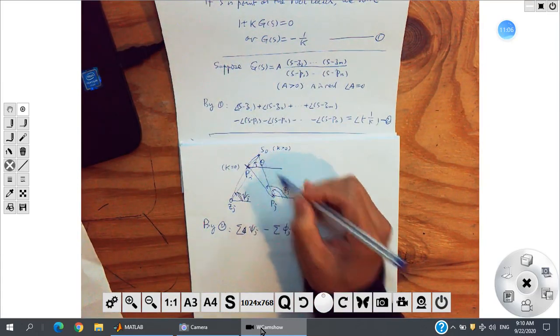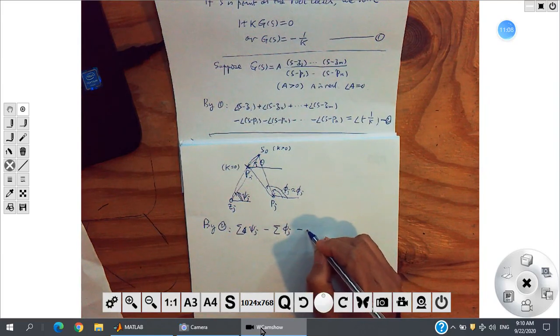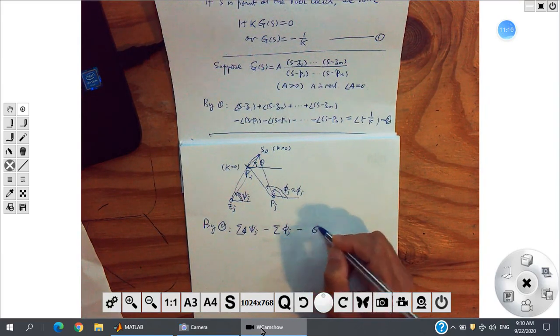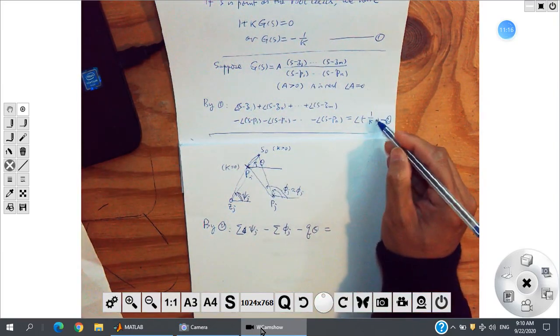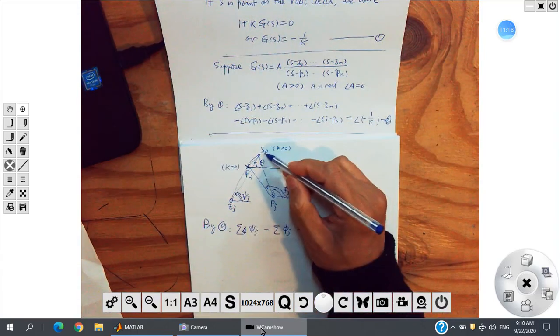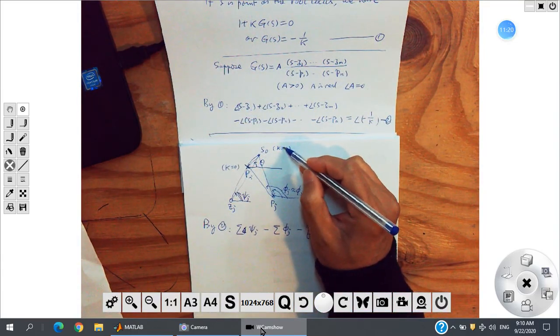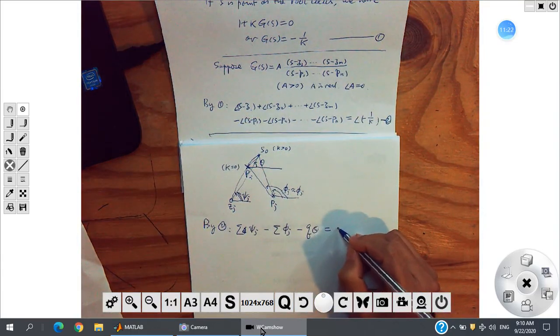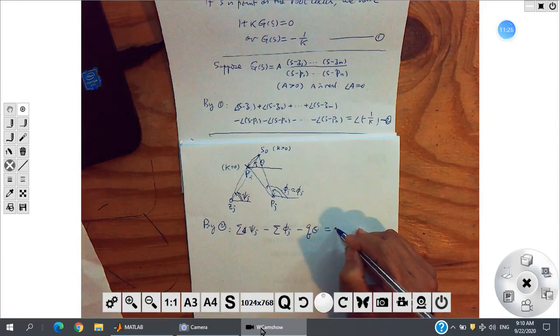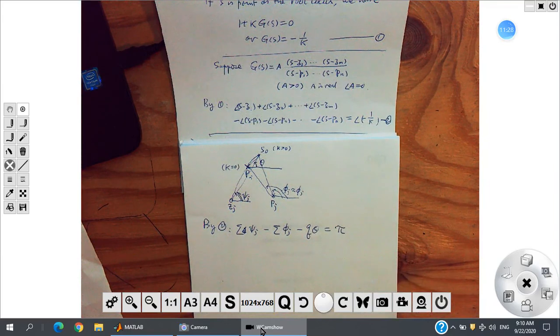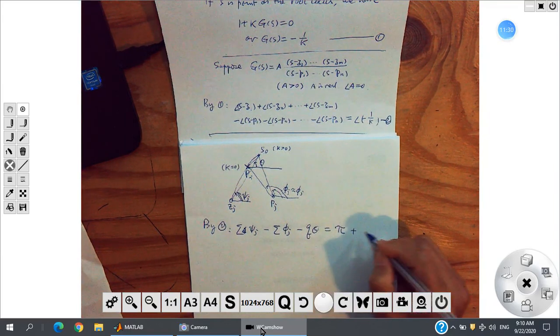So minus theta, but theta might have a multiple q, and equal to this side angle of these. We know S0 here has k positive, so this place should be negative. Then here's a pi, and of course you will think any 2k pi will be fine for any k.